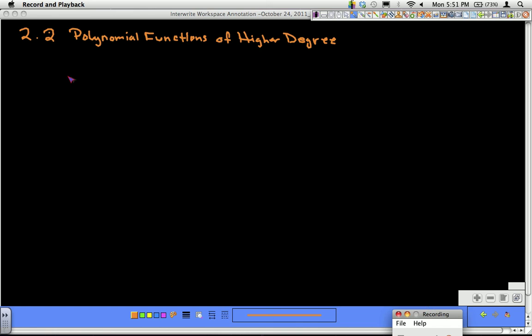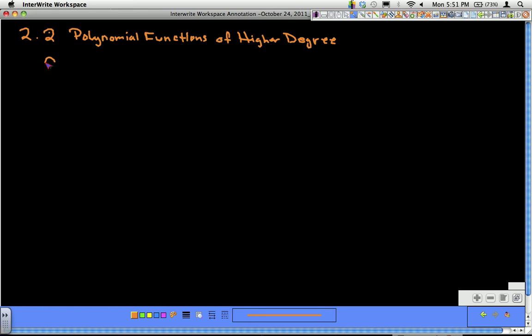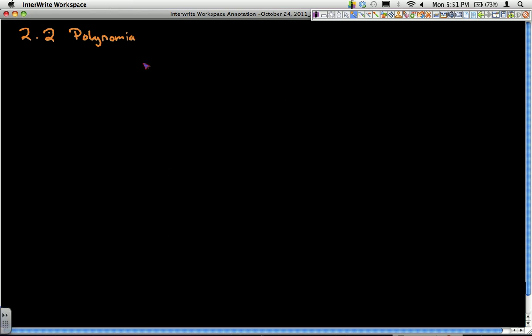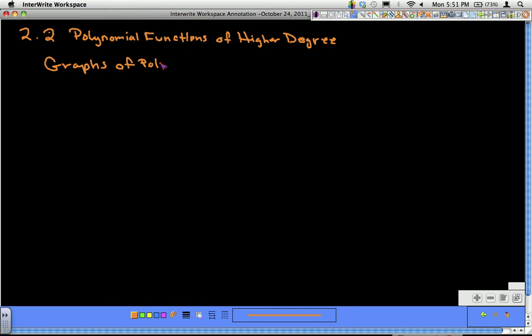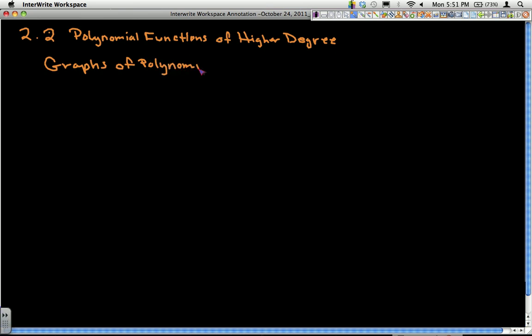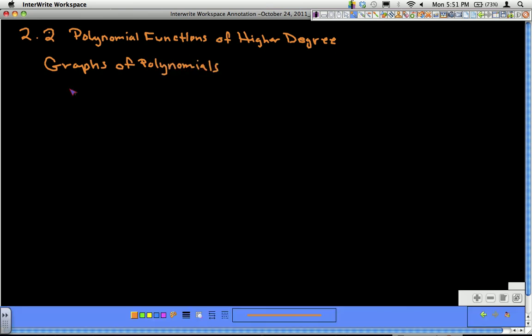Now, we're going to deal a lot with graphing. So a couple characteristics of the graphs of polynomials. One of the characteristics is it's going to be a continuous graph. And this is just like it sounds.